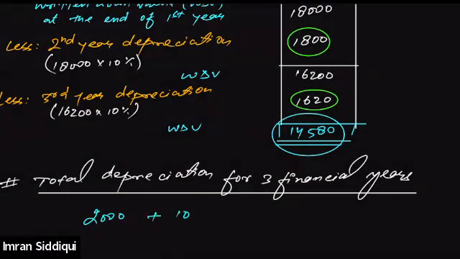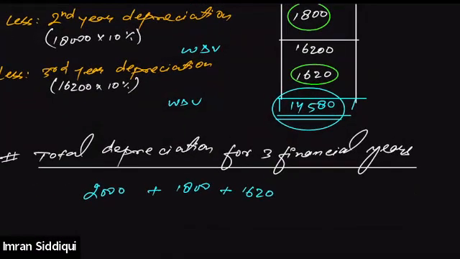For the second year, it was 1,800. For the third year, depreciation was 1,620. So adding all this, 1,620 plus 2,000 plus 1,800, we will get 5,420. This is the total depreciation of this boiler for the 3 financial years.